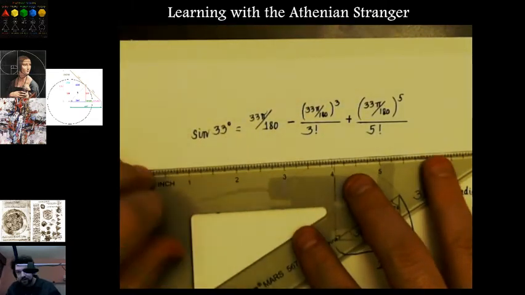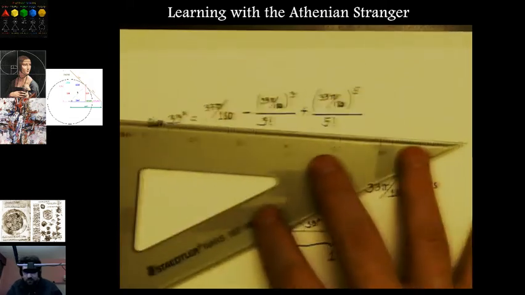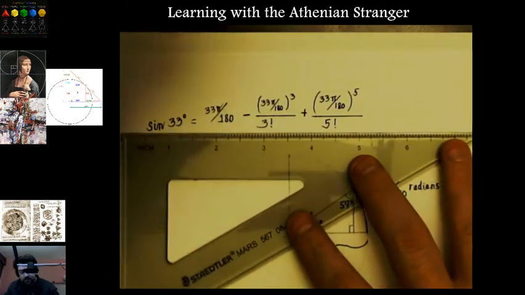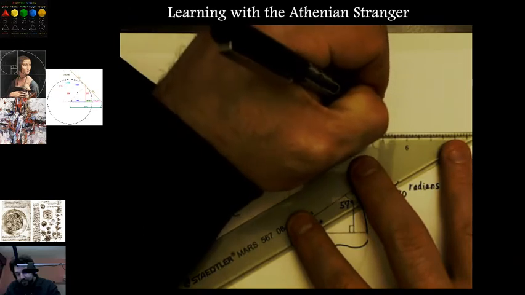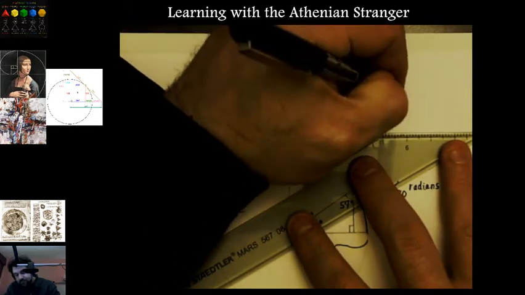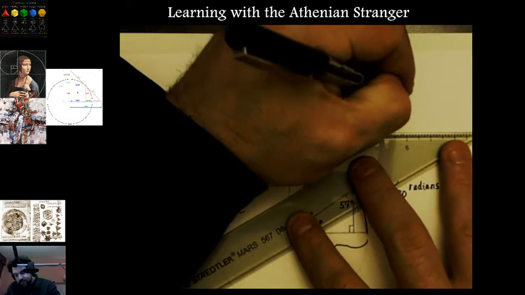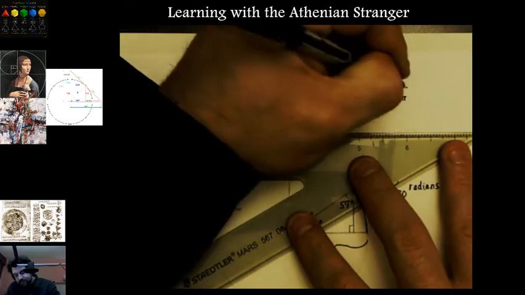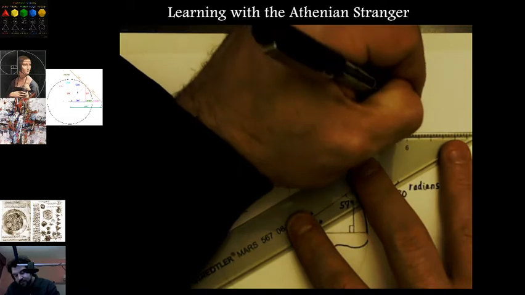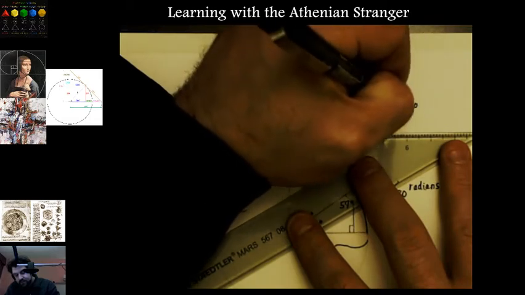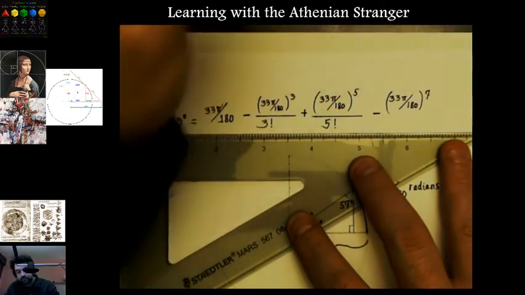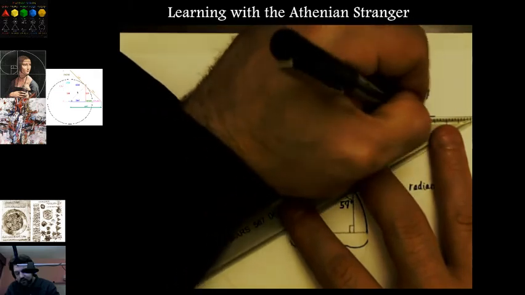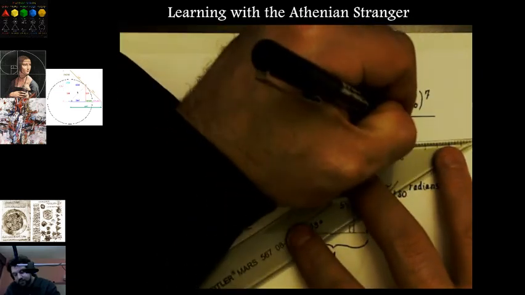Again, I will explain what that means. It's not hard. It's actually very interesting that that's the case. And then at the end we subtract out 33 pi over 180 raised to the power of 7, all divided by 7 factorial.